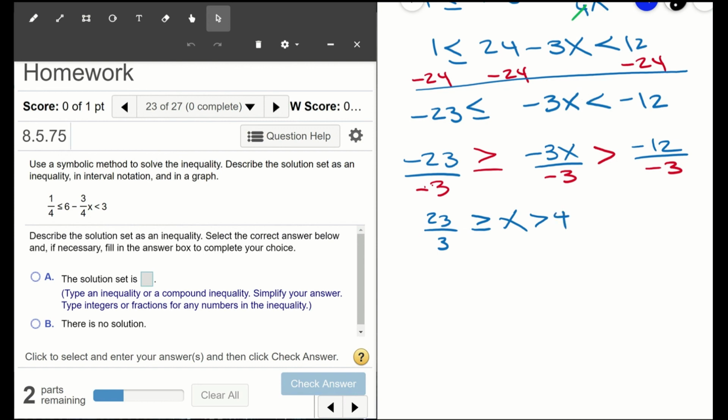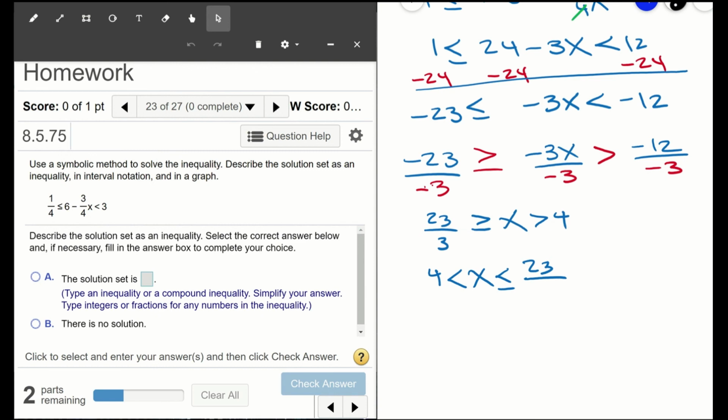That's just positive 4. Now, even though this is correct, it'll be a lot easier if you actually write from smaller to the largest. So we can write the equivalent of this three-part inequality starting with 4. So we say 4 is less than x, and then less than or equal to 23 over 3.